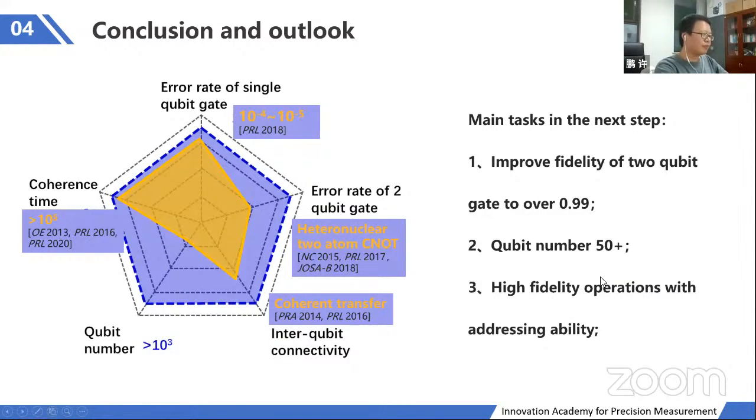So right now, in our setups, our main task is to improve the fidelity of the two-qubit gate, and we are also constructing a new setup for the defect-free atom array.